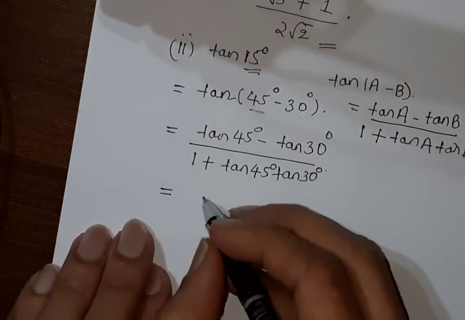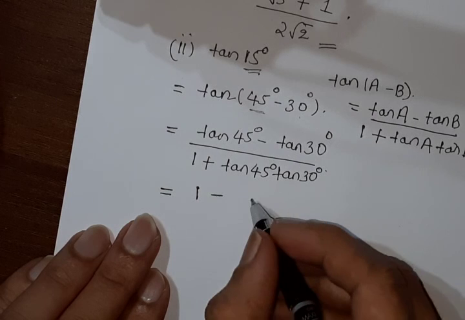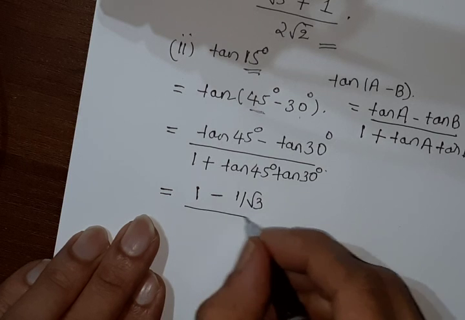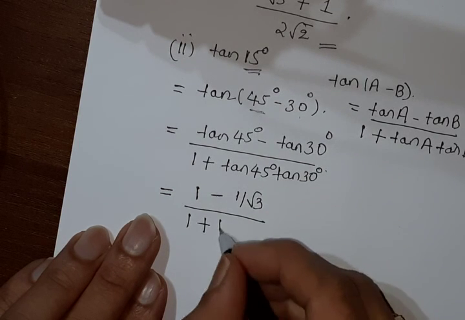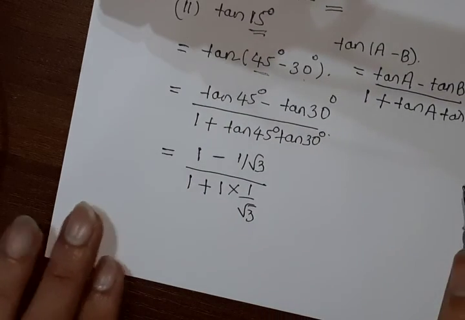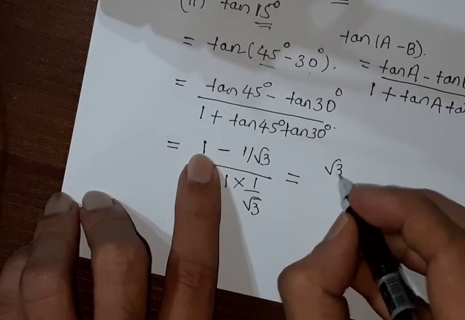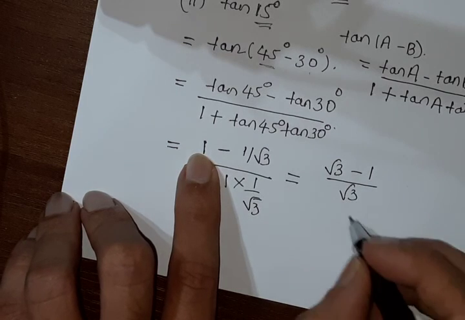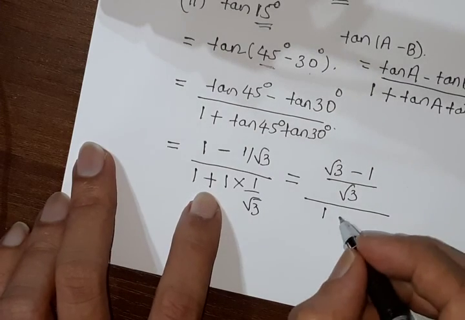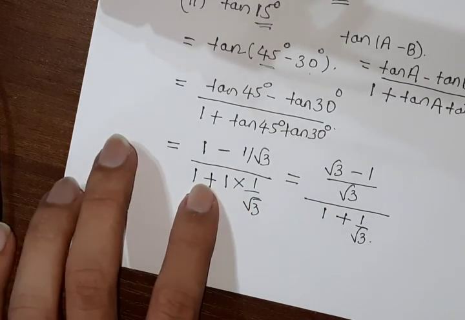Tan 45 is 1, minus tan 30, which is 1 by root 3, divided by 1 plus tan 45, which is 1, multiplied by tan 30, which is 1 by root 3. Now if we simplify this, what we will get? Just take the LCM, so you will get root 3 minus 1 divided by root 3, the whole divided by 1 plus 1 by root 3.